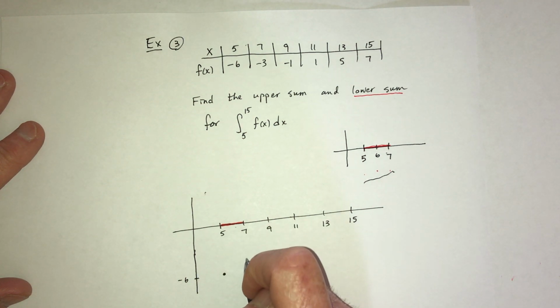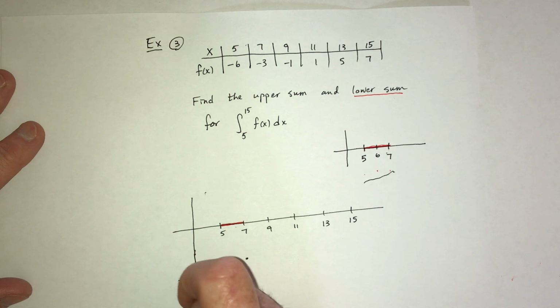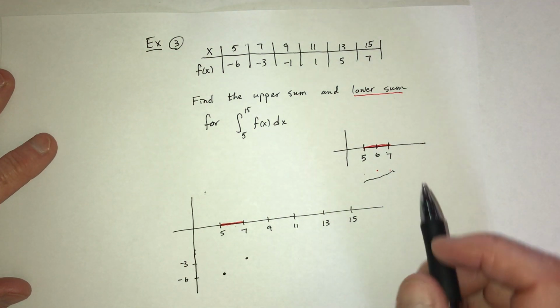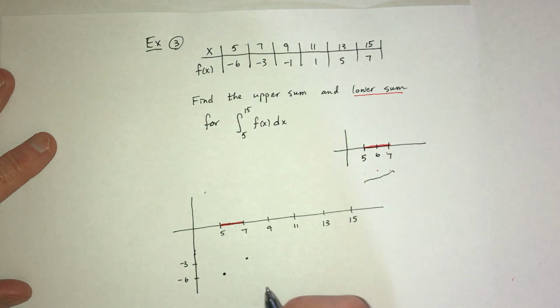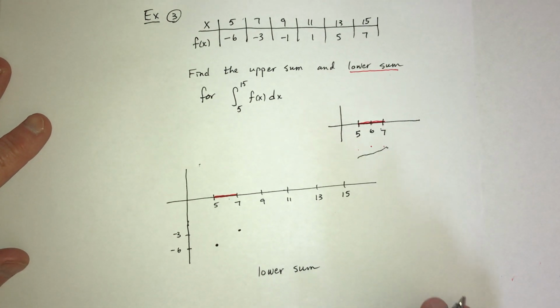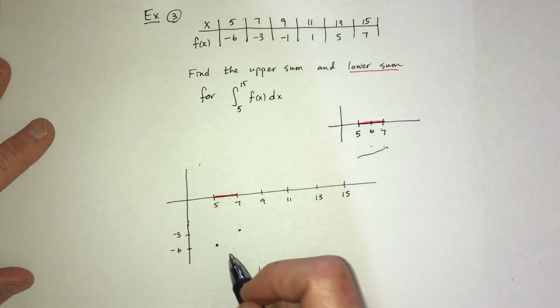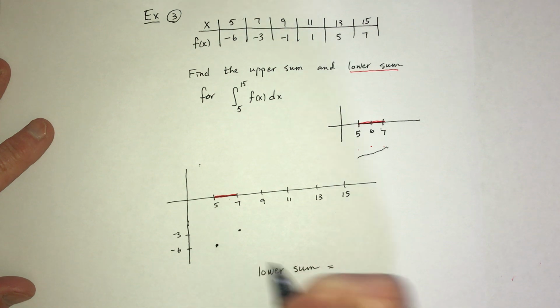And for 7, it's right here at -3. So when we're doing the lower sum, then you pick the lower out of these two numbers. So for the lower sum, use the lower one, which is -6.